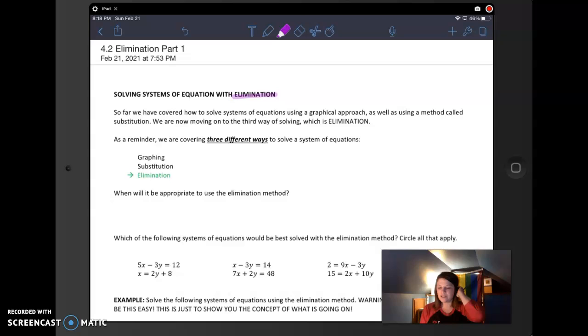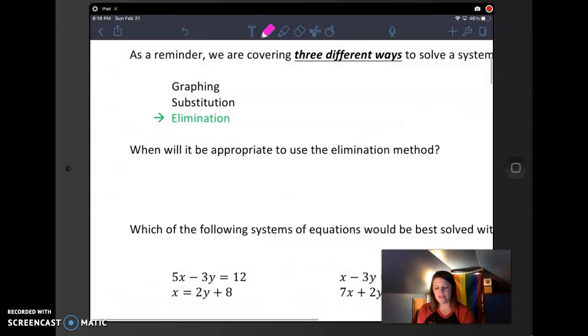So the first part that we need to think about here is when is it best to use elimination to solve a system of equations? It's best to use elimination when you have both the x and the y on the same side of the equal sign for both equations.